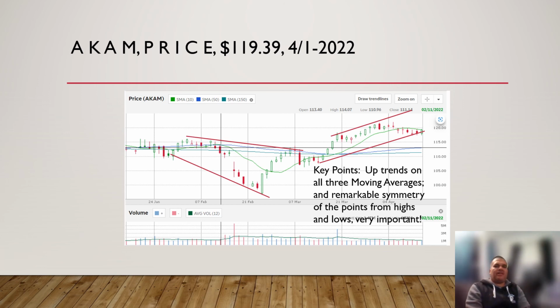Okay, so the top line is a connection between the high prices of the stock during the past 3 months. You notice they're in an uptrend, and the bottom line is focusing on the low prices of any given candlestick, and it looks like they're symmetrical. Those are straight lines across many points that show that the stuff on the lines is not going to go above or below that.